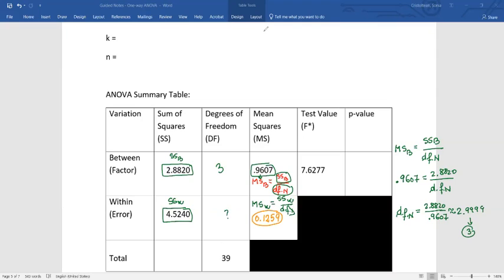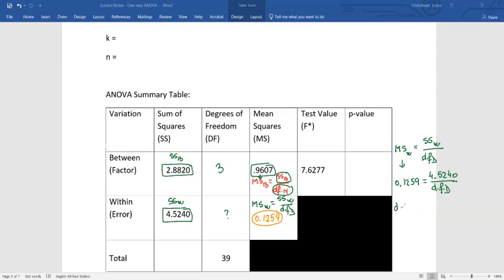So we will simply repeat the same thing, just change the numbers and the notations, and solve again for degrees of freedom of the denominator. Let's do so. So this one will change to W, and this one changes to denominator. I have the numbers: mean square within was 0.1259 and sum square within is 4.5240 divided by degrees of freedom denominator.